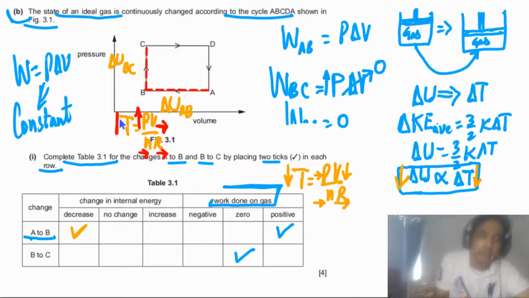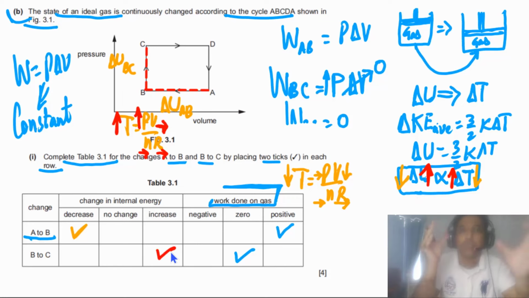So as P is increasing, T is increasing. So delta T is increasing, and if delta T is increasing, delta U is also increasing. So this one is increasing. This is a beautiful way you can answer this type of problem.